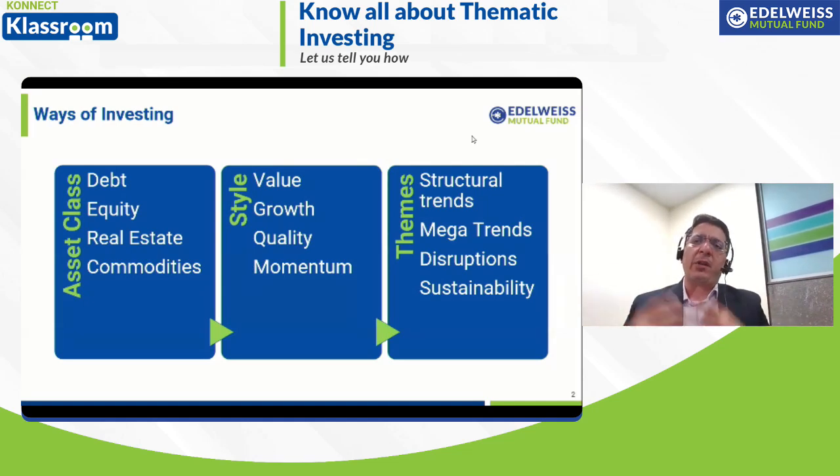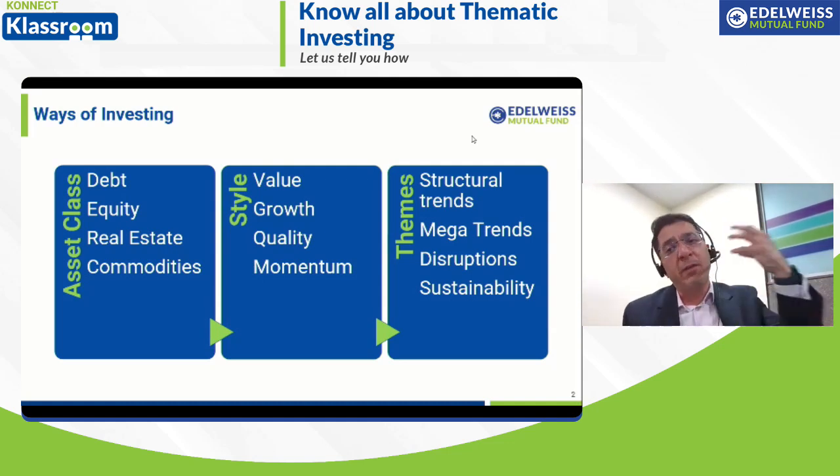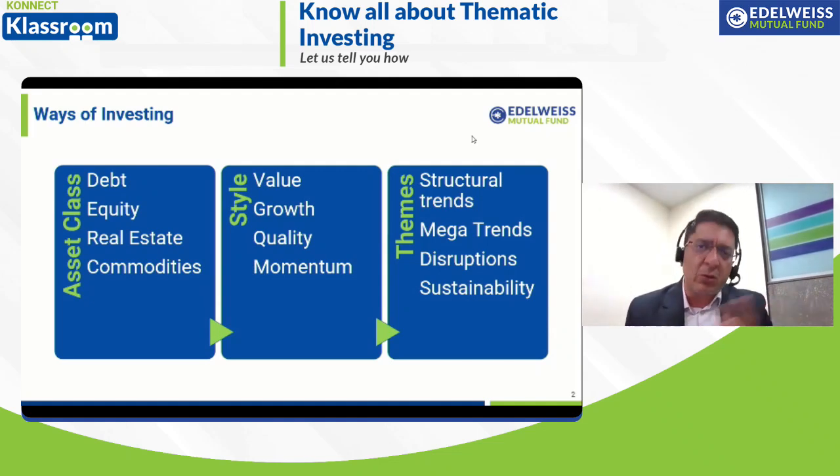In debt, you have traditional debt like your FDs and your corporate debt, and apart from that, there are also a lot of mutual fund fixed income schemes available for you to invest into. Real estate, you could either look at a residential or a commercial property, depending on what your idea behind both of these is.